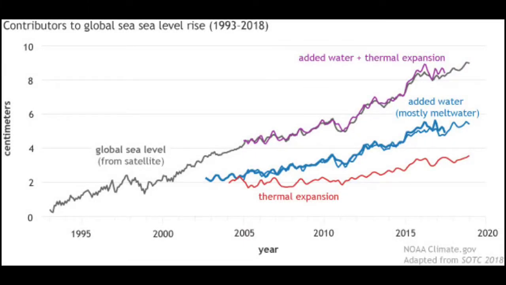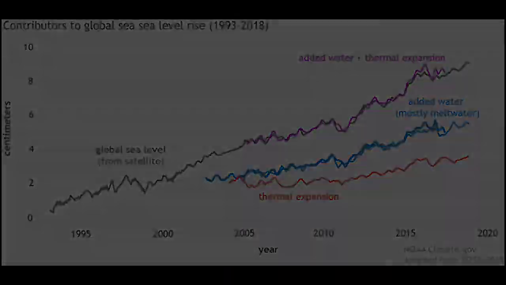This is another piece of data here. Most of this is all fair. It's all there, right? But we're seeing again this one, interestingly, because it's pulled out a little more, shows really it's insignificant, the amount of sea level rise. We're talking about thermal expansion, added water, mostly melt water, and added water from thermal expansion as well.